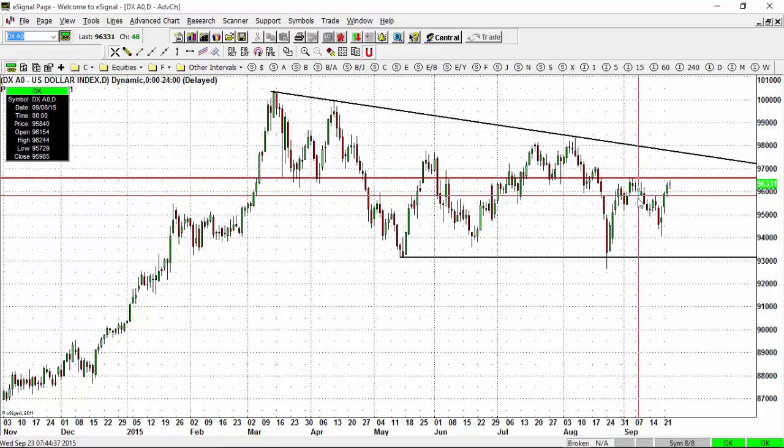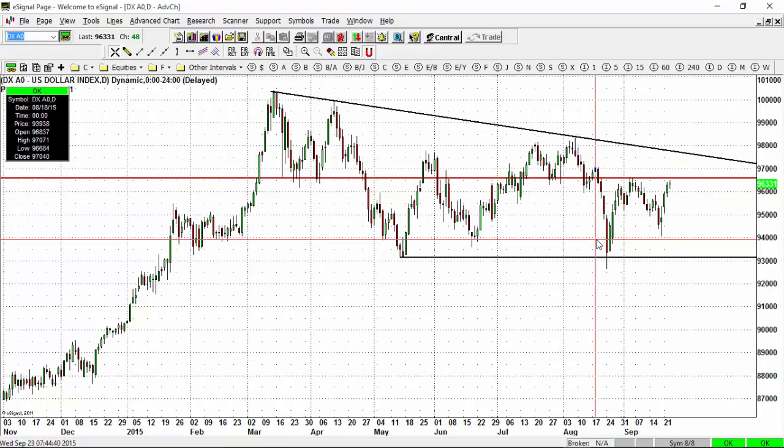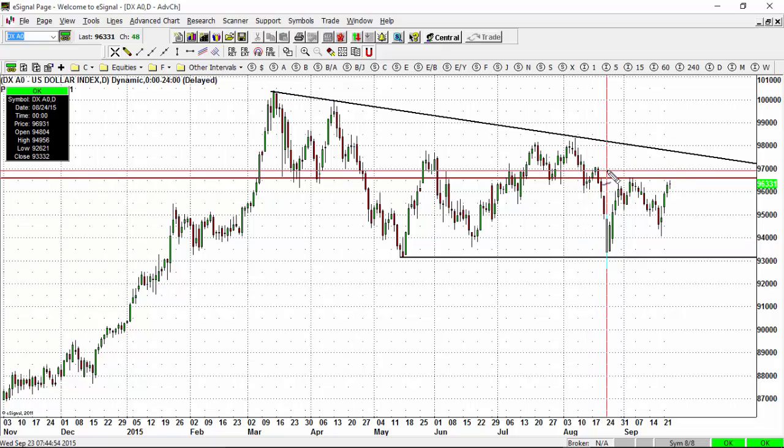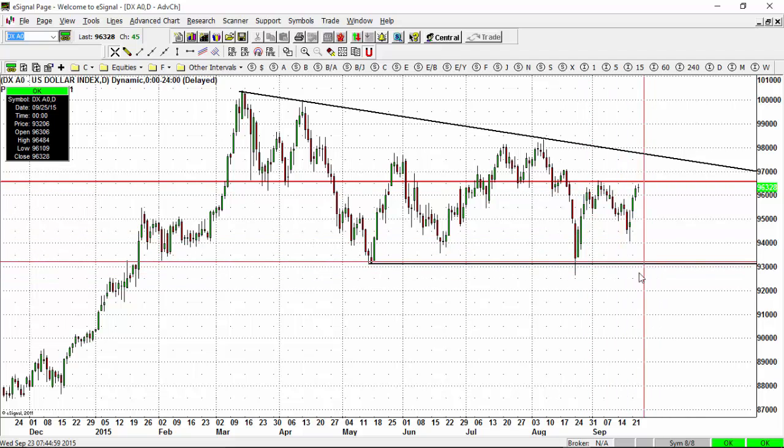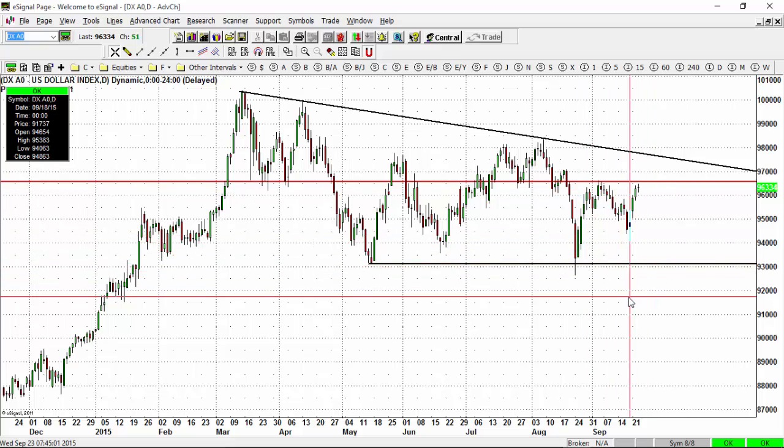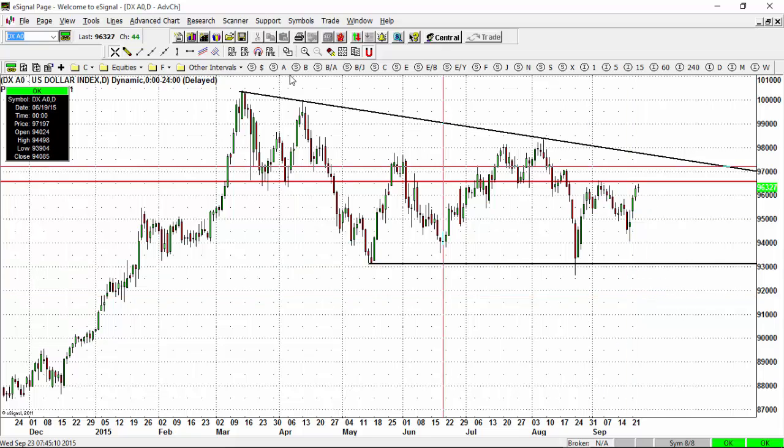If the market does breach this resistance, we could see a move up to this trend line that has been hit one time, two times, three times. This will be the fourth time if the market hits this point. Support in the US dollar index is at this 93 level. If the market does come back to the downside and test this area and close below it, that would be fairly bearish for the US dollar.